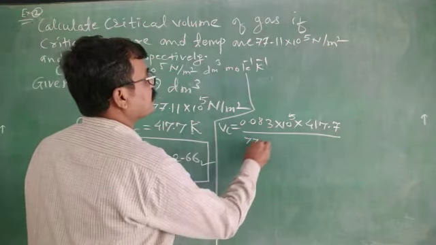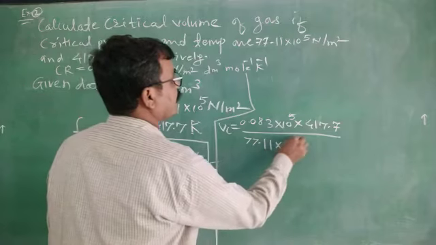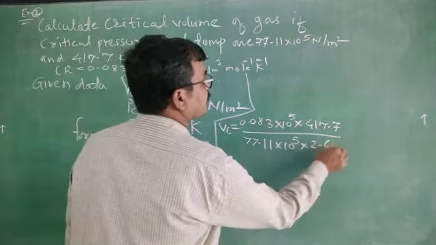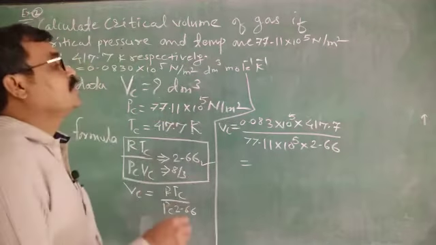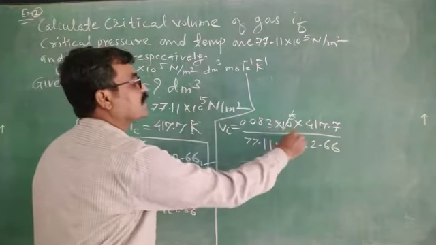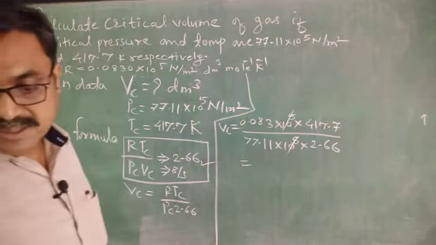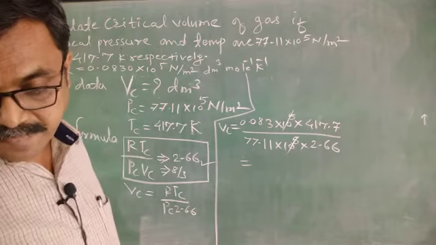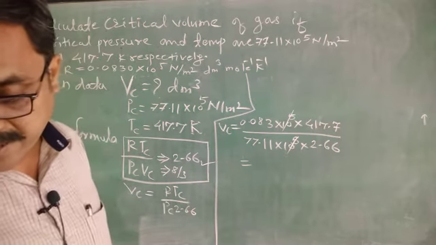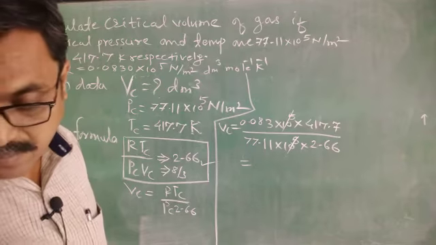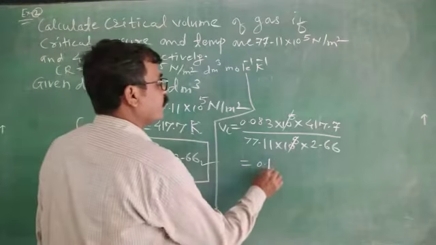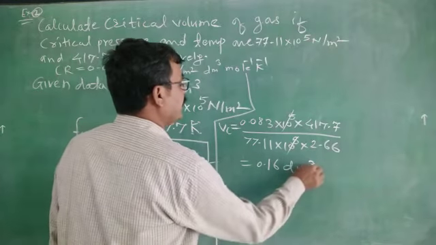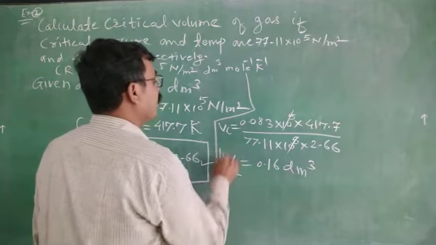It will be 77.11 into 10 raised to power 5 into 2.66. Now further, if both these are cancelled, since these both are the same, the final answer becomes 0.16 so many dm cube. It is the value of VC.